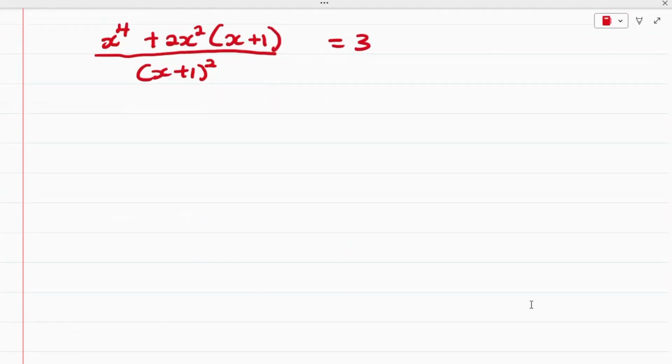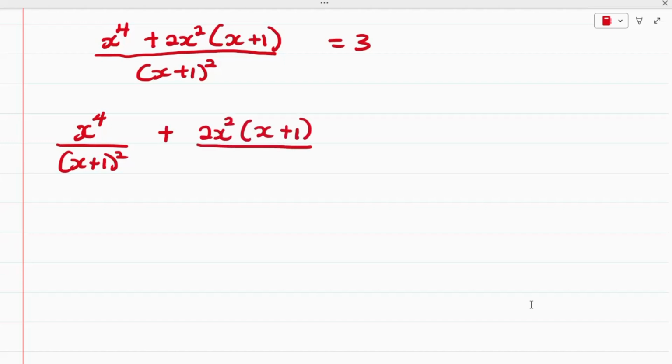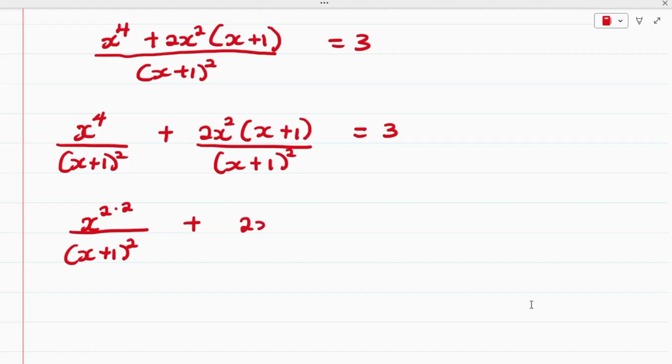So separating this fraction we have x⁴ divided by (x+1)² plus 2x² multiplied by (x+1) divided by (x+1)², and this is equal to 3. Alright, so we have x⁴ can be expressed as 2 multiplied by 2, divided by (x+1)² plus 2x².